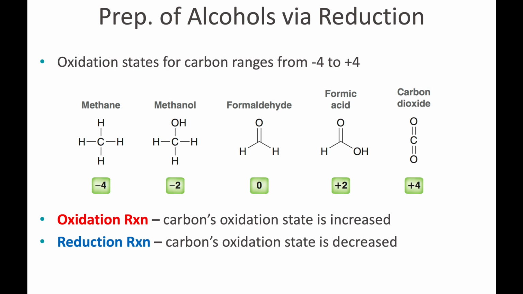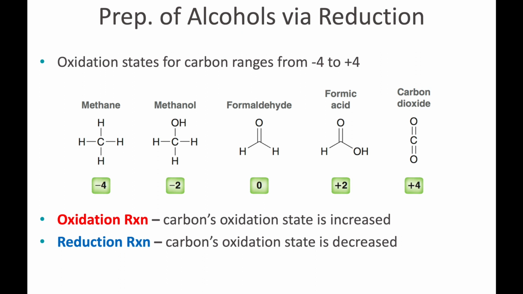It's becoming more positive. As we move to formic acid, you add another oxygen, and as you move to carbon dioxide, you add another bond to oxygen. Notice as you're adding more oxygens, you are becoming more positive, and so we call that being oxidized. So that's the original reason why it's called oxidation, but in fact, anytime that carbon is being bonded to something that is more electron withdrawing, it is also considered an oxidation reaction.